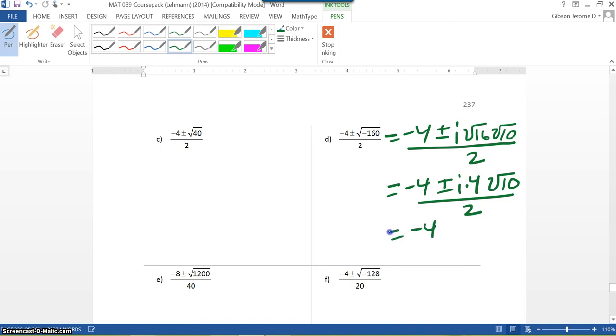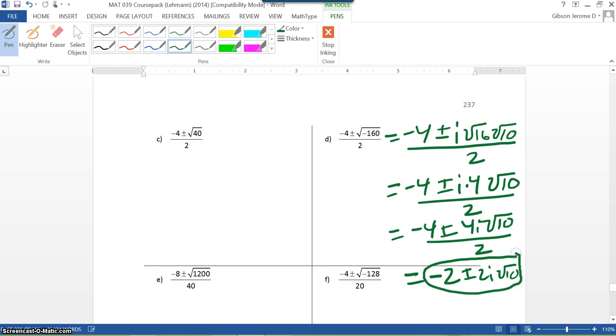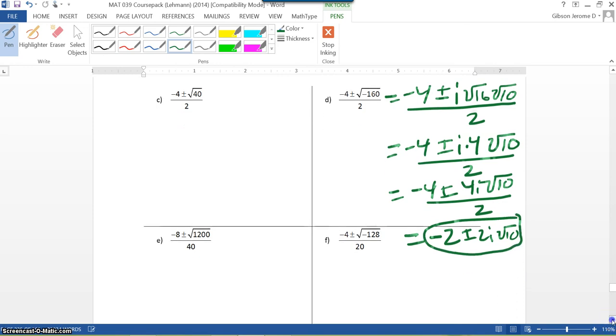So this would be negative 4 plus or minus 4i square root 10 all over 2. Now we know all of these values can be divided by 2. So this would be negative 2 plus or minus 2i square root 10, and we won't have a denominator. And that will be the final answer.